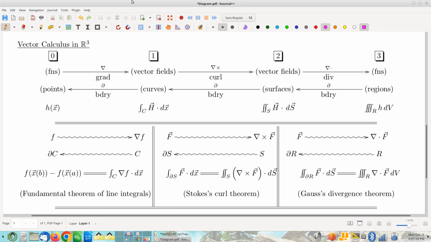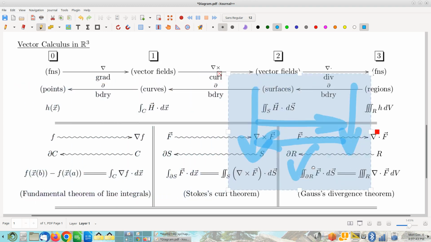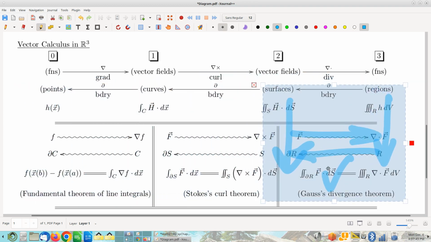So, for example, the pattern that we've previously observed about the fundamental theorem of line integrals. When you take a gradient of a function, when you take a boundary of a curve, the evaluations on both sides will be equal. Notice that pattern is the exact same pattern that describes Gauss's divergence theorem, where I take a vector field and look at the divergence of it.